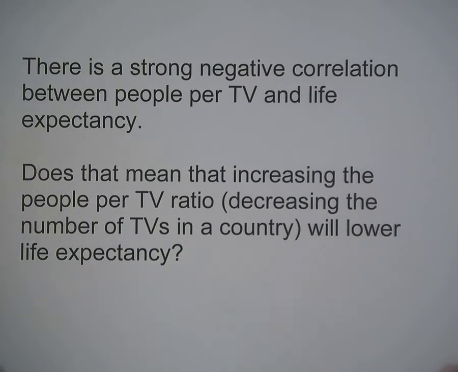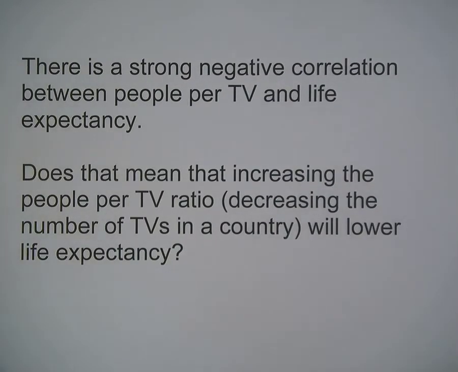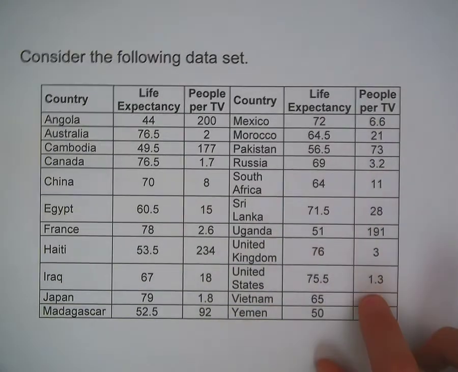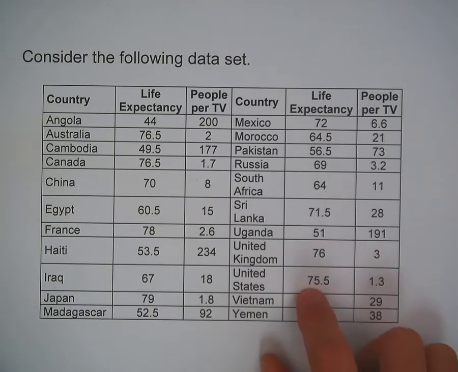Now this is the important question that we're getting at in this tutorial: does that mean that increasing the people per TV ratio, which would mean decreasing the number of TVs in a country, will lower life expectancy? Does that mean if the United States were to get rid of TVs, so if they were to increase their people per TV ratio, would that make the life expectancy go down?